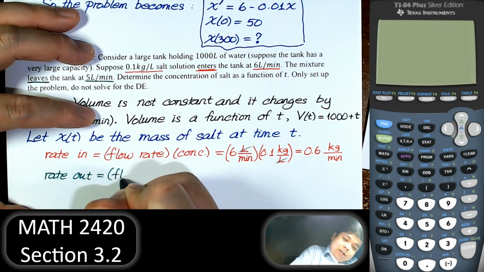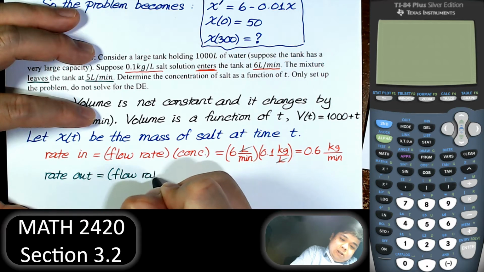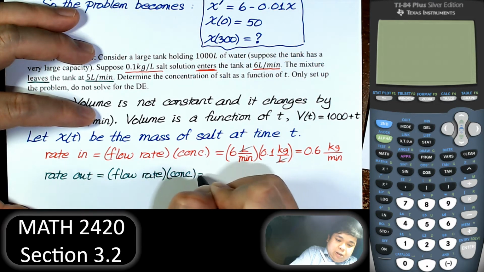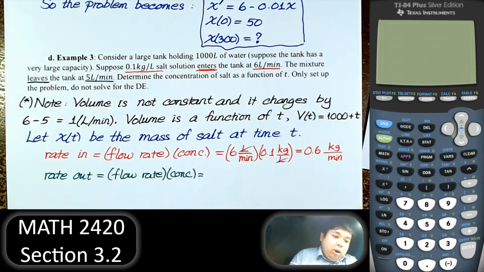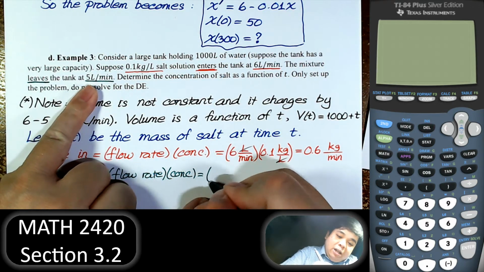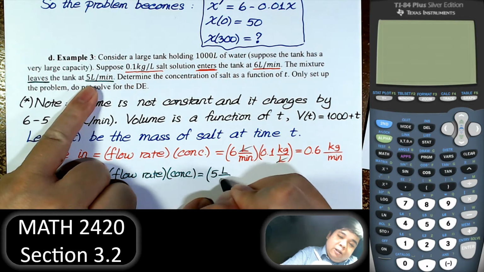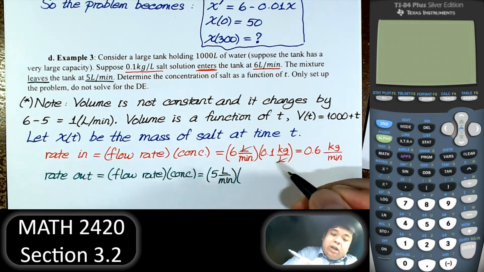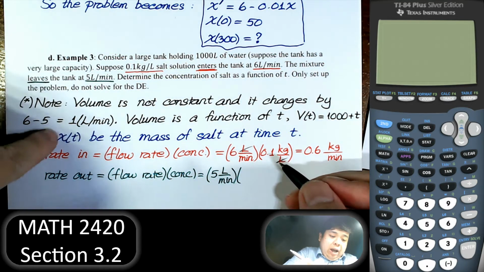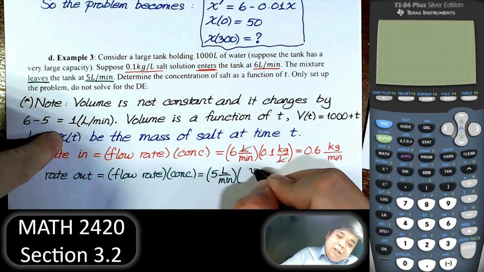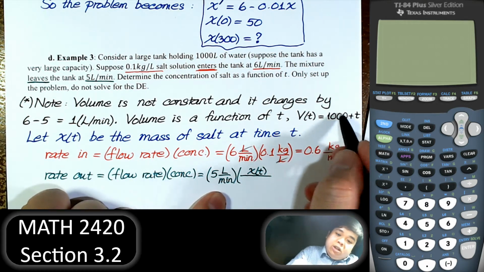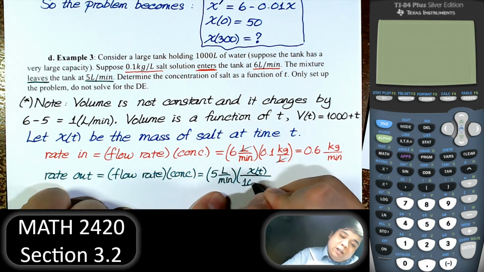The rate coming out is the flow rate times concentration. Right, the flow rate is 5 liters per minute going out. The concentration is the mass at time t, which is x of t, divided by the volume at time t, which is 1000 plus t.